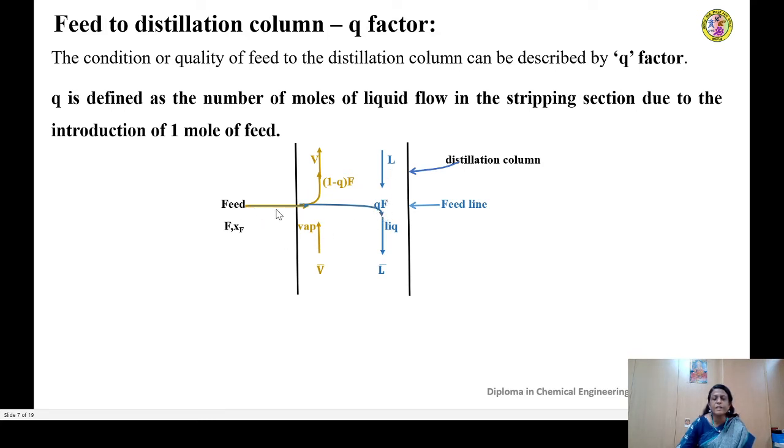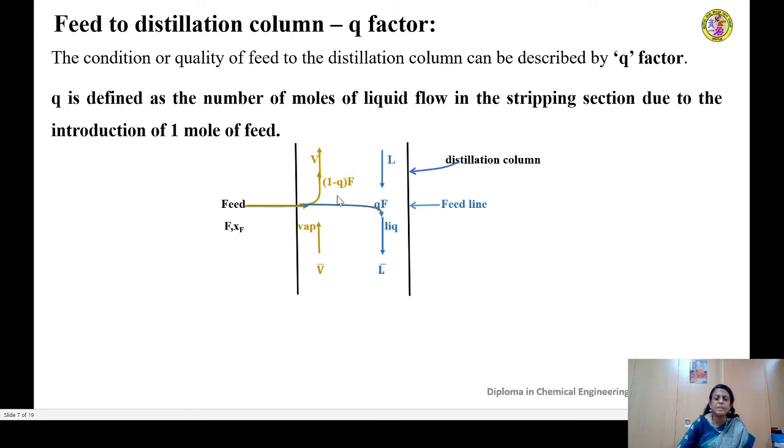Again, when the feed enters as a superheated vapor, this will be vapor at a temperature more than its dew point. In this condition, when it enters the distillation column, that vapor gets added to the vapor stream in the upper direction, and when it contacts the liquid phase at the feed plate, it causes some of the liquid to vaporize.